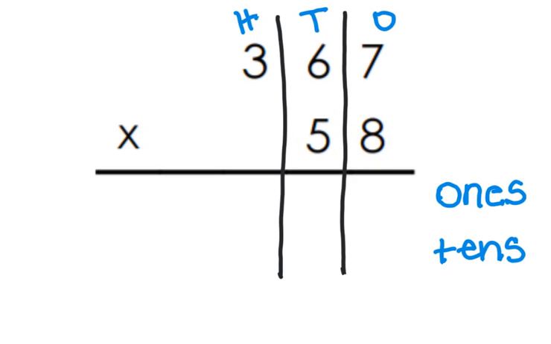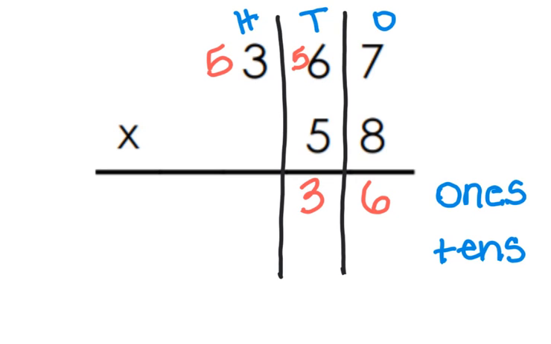So let me go ahead and erase that and use another color to get started. So 7 times 8 is 56. Put my 6. I'm going to regroup my 5. Then I'm going to go diagonally across. 6 times 8 is 48, and 5 more is 53.